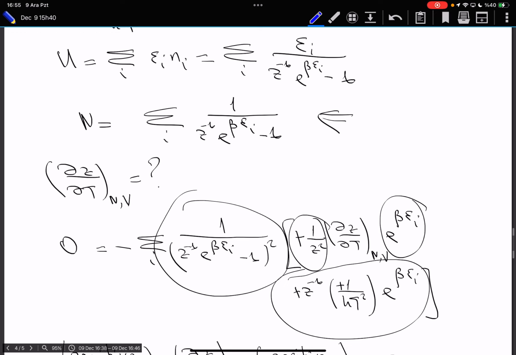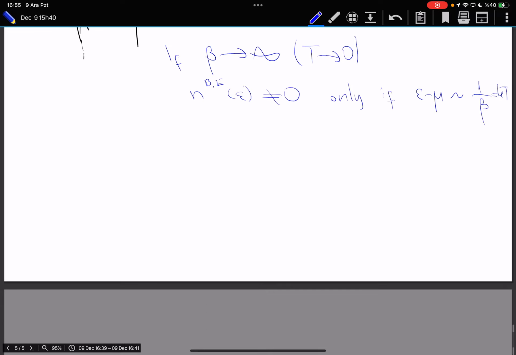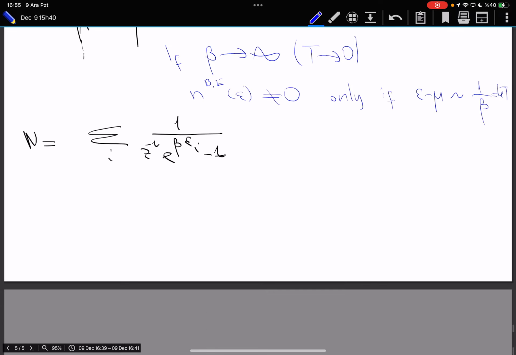Okay, so with this insight, let's look at this one. Let's try to calculate this one. Well, in general, we have single particles just moving around freely.